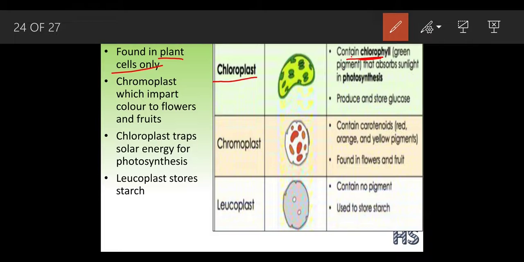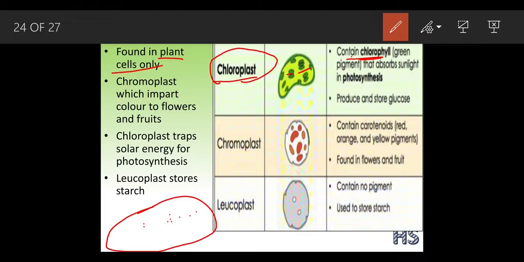Suppose this is a chloroplast, and inside this we can see these green color structures. What are these? They are the chlorophyll. What is the function of this chlorophyll? They impart green color to the leaf.